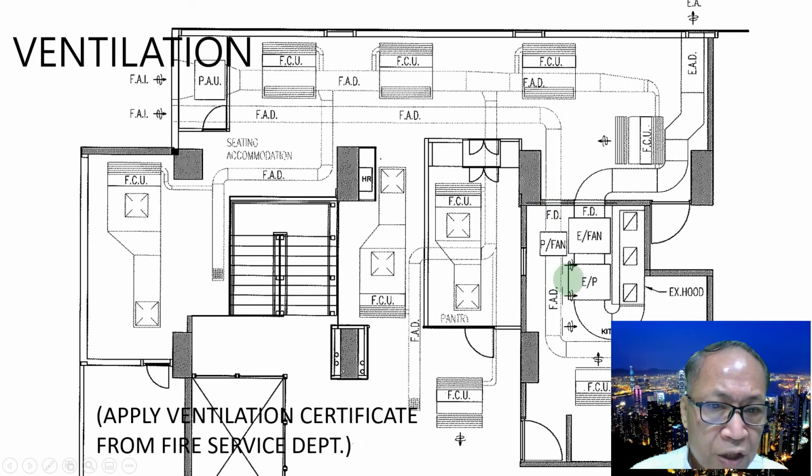Now you see the fresh air outlet here, and it blows into the kitchen for the consumption of the cooking device. This is the exhaust hood. And from the exhaust hood, there's an exhaust pipe. You see, this is the electrostatic precipitator.